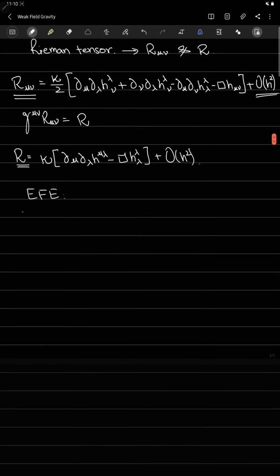From these you can write down R mu nu minus 1 by 2 R, in fact there would be an eta mu nu over here this time, and this is equivalent to kappa over 2 times an operator, which I'll define in a bit, O mu nu alpha beta acting on h alpha beta, and this is equal to kappa squared over 4 T mu nu, where again this T mu nu is just your energy momentum tensor.